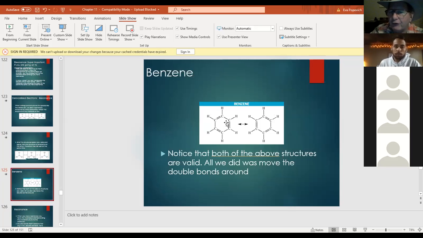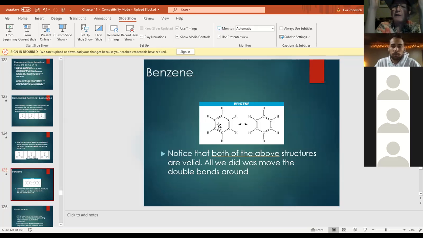If I have benzene, each one of these carbons is sp2 hybridized. Count them. They all have three things around them. So they're all sp2 hybridized.